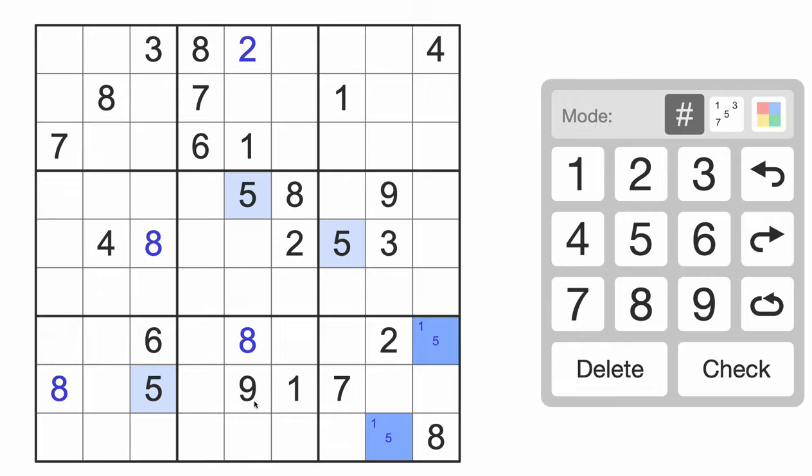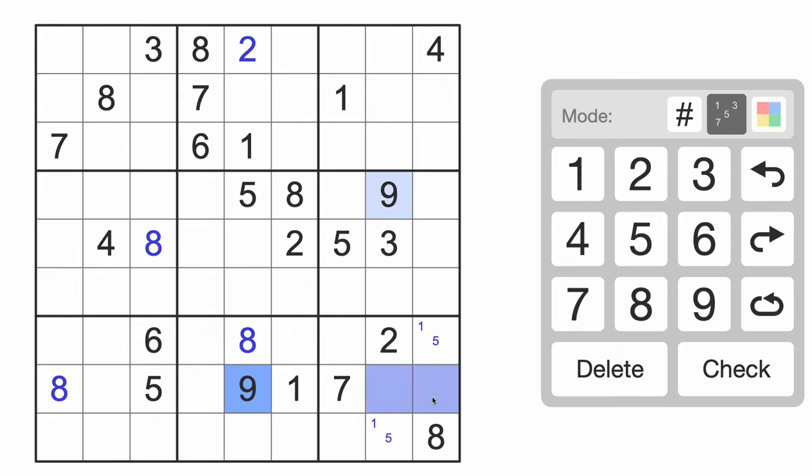And now 9 in box 9 will be either here or here because this 9 will block these cells. So 9 will be here or here. And that means this cell cannot be 9.